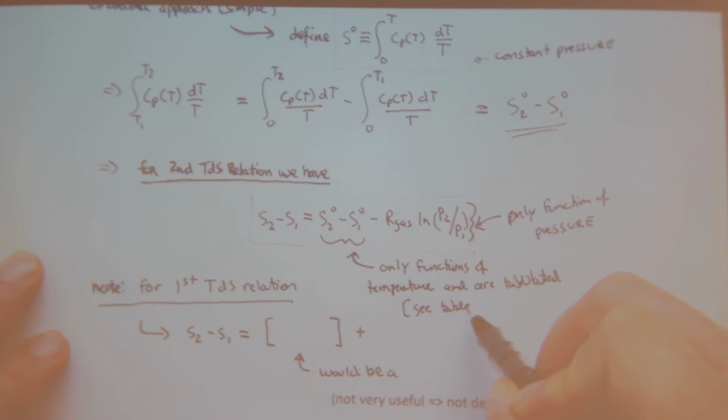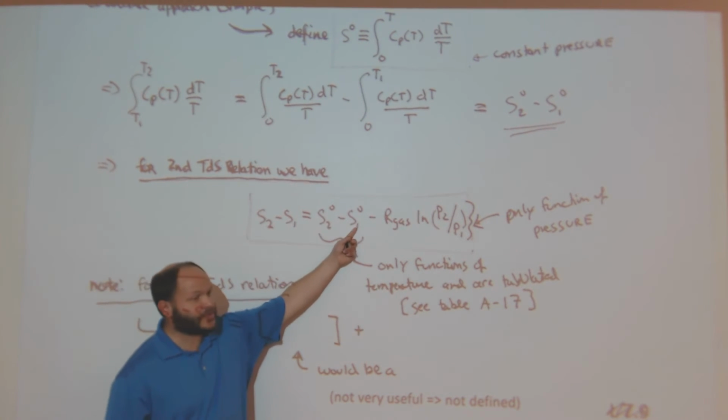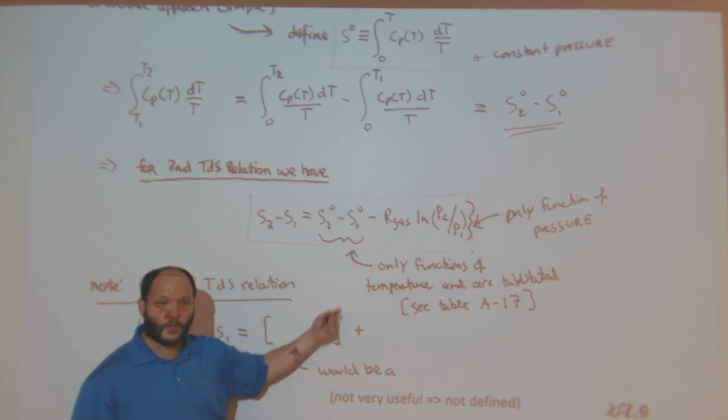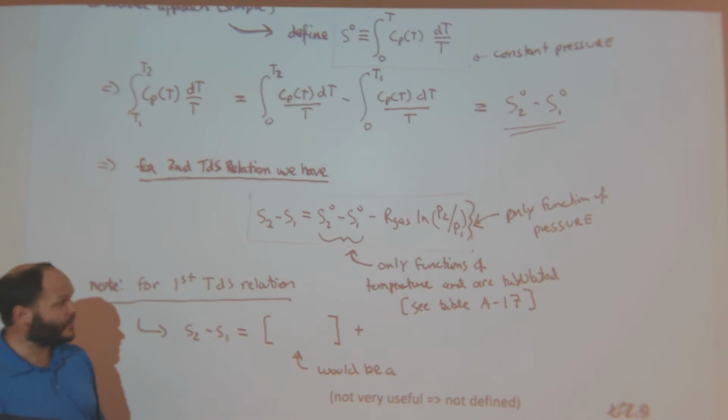See table A17 in the book. So for ideal gas, these values are tabulated, and they represent that integral way of looking at CP.